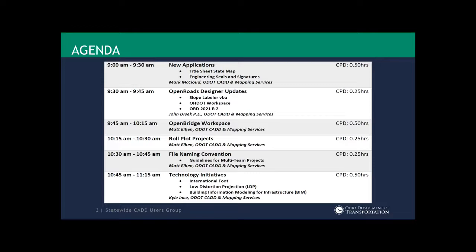After that, Matt Ivan will be talking about OpenBridge Workspace, roll plot projects we have going right now, and file naming convention guidelines for multi-team projects. Kyle Ince will end out the day with some technology initiatives, like our international foot, low distortion projection, or LDP, and also our BIM initiatives.